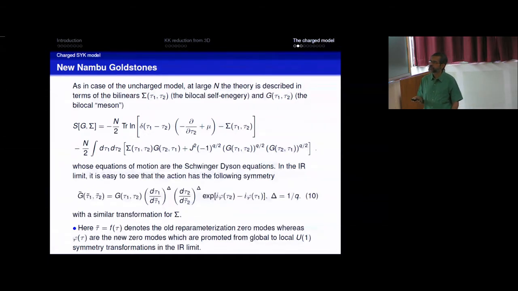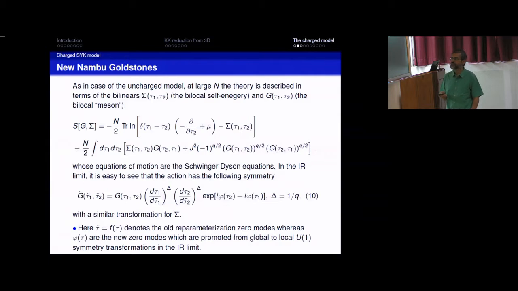The additional symmetry here is that the global symmetry now becomes a local symmetry. Each bilocal meson picks up a transformation corresponding to charge 1 at tau 2 and charge -1 at tau 1. In the IR limit, just like before, where the scaling symmetry became a local symmetry, now the global U1 symmetry becomes a local U1 transformation symmetry.